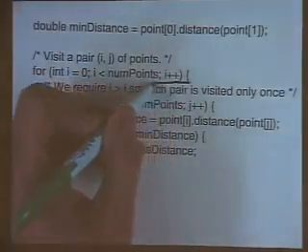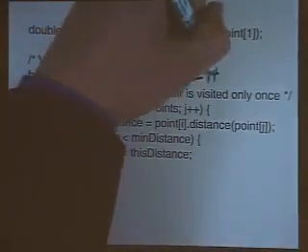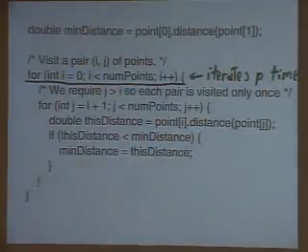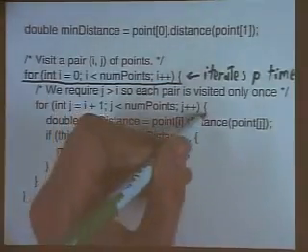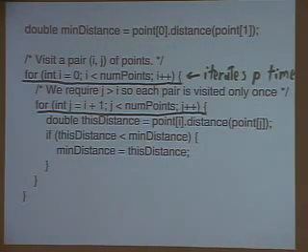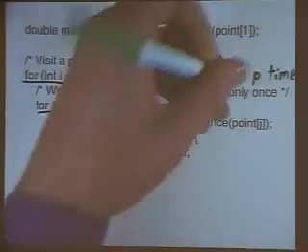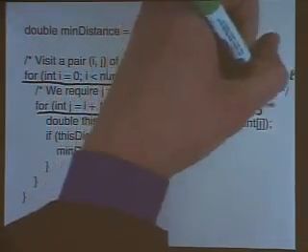So here's an outer loop, and it's very clear that this outer loop iterates p times, once for each point. And then the inner loop runs a little less often. The inner loop only runs over the points that have a bigger index than the outer loop, because there's no use investigating every point twice, and you don't want to compare a point with itself. So this iterates on average about p over 2 times.